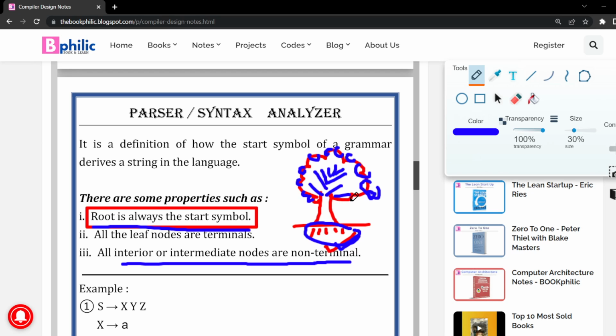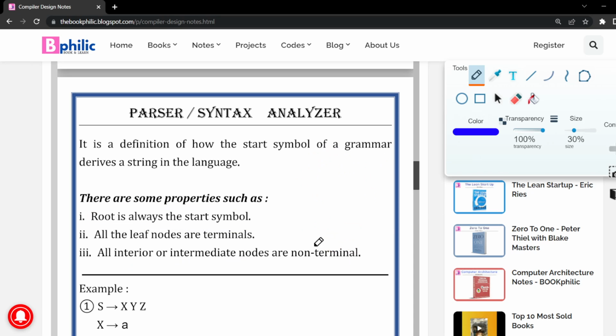You might have seen that a stem can generate another stem, or you can say that a branch can generate another branch in a tree. That's why these are known as interior or intermediate nodes or non-terminals, which can be further derived into leaves, and these leaves cannot be derived further. So these 3 points you have to remember.